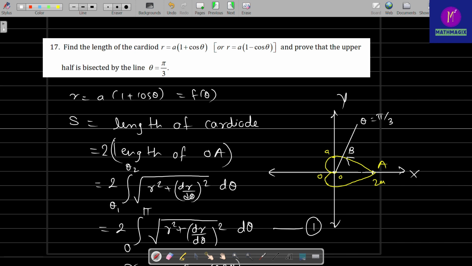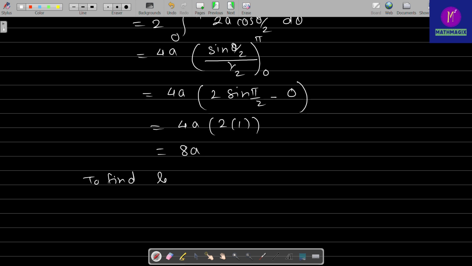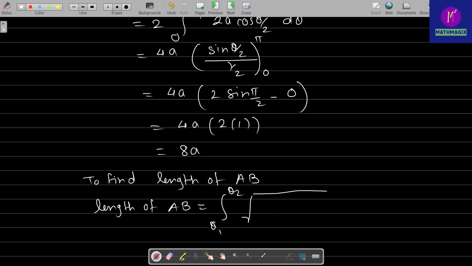For this what we will do, we will just find out the length of AB and we will prove that it is exactly half of the length of OA or AO. So length of AB is equal to, now we are finding length of cardioid only, so we have to use the same formula, theta 1 to theta 2 square root of r square plus (dr by d theta) the whole square d theta.